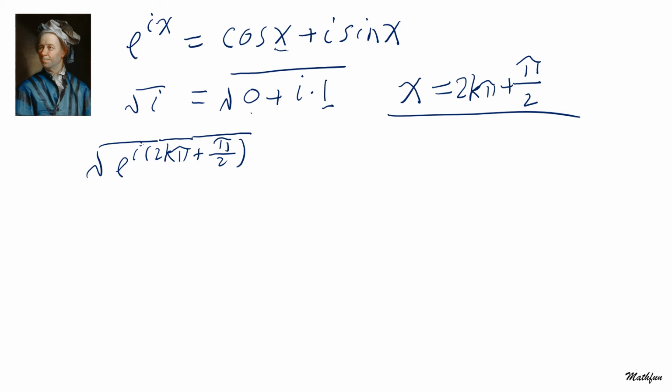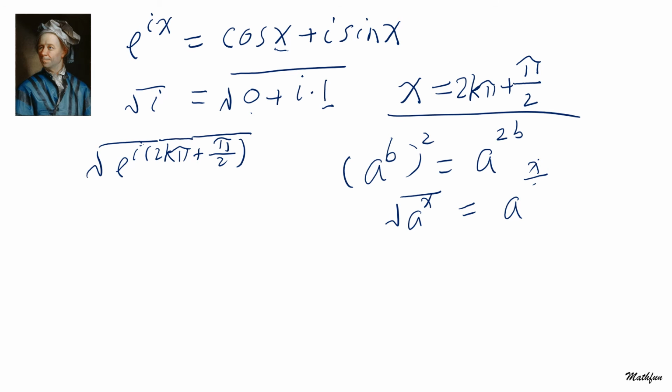Well, we all know a to the power of b, squared, equals a to the power of 2b, isn't it? Right? So in other words, if you want to get the square root of a to the power of x, then the answer should be a to the power of x over 2. Isn't that right?